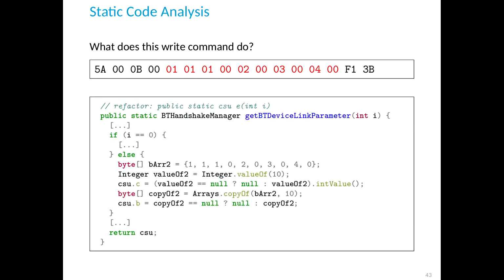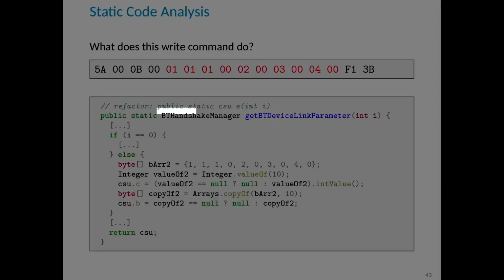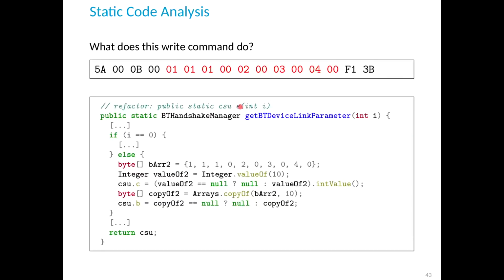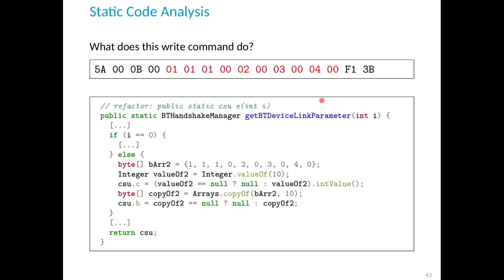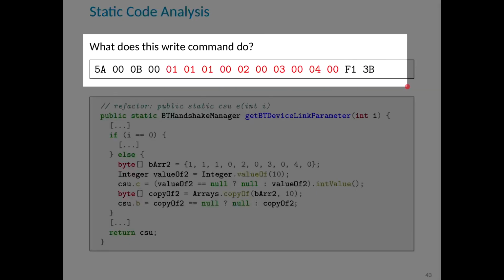And after quite some time reverse engineering, I found a method, and I was able, with strings I found in this method, to rename the method to the class name BluetoothHandshakeManager and the method name deviceLinkParameter. At the beginning of my talk, I said this is the first write command sent from the smartphone to the watch.